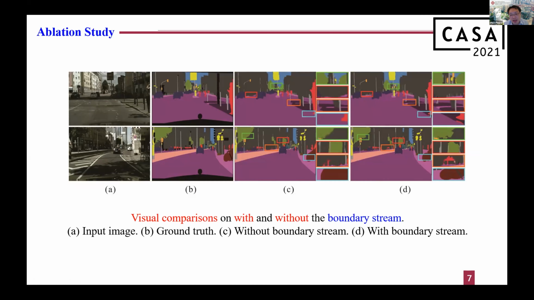Also, you can see that with this stream, for the boundary area, especially the boundary area of very small objects in the enlarged rectangles, there are obvious differences, much better compared with C. So D shows the semantic segmentation with boundary-aware optimization, much better results.